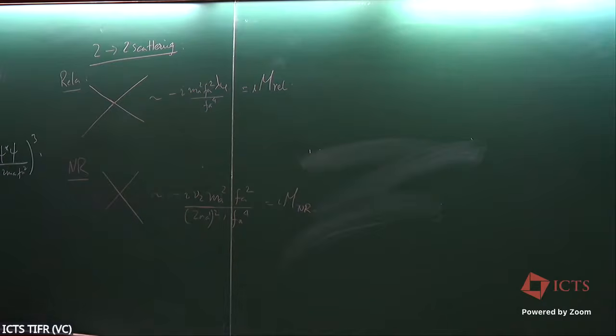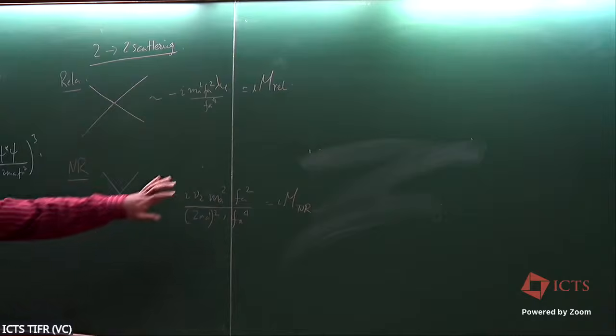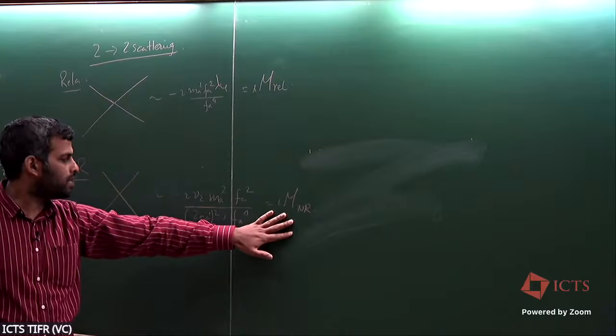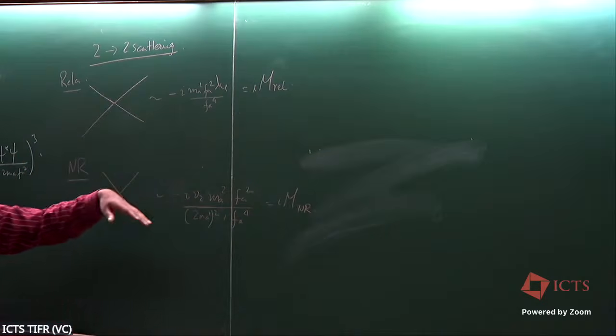But in order to match the relativistic theory and the non-relativistic theory, one thing you have to keep in mind is that when I did the non-relativistic reduction, I started with this root 2m factor so that I can get the correct dimensions. In the relativistic theory, this is dimensionless, whereas this has dimensions of 1 by energy or 1 by energy squared.